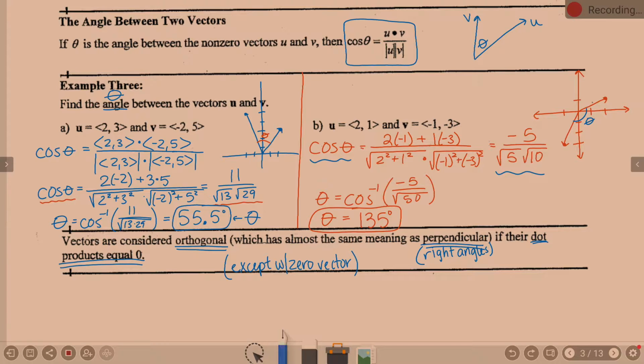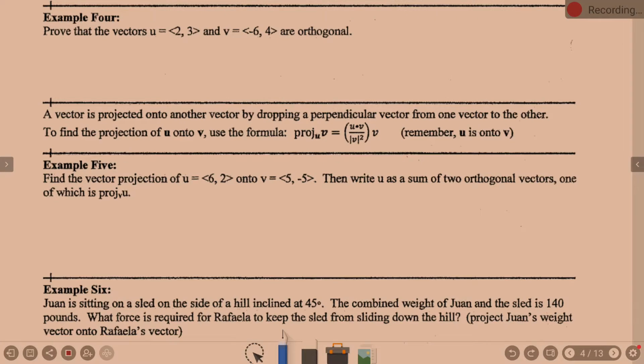So, example 4, the top of the next page. Prove that the vectors u and v are orthogonal. What do you think? How are we going to prove that these two vectors are orthogonal? What did we just talk about on the previous page?